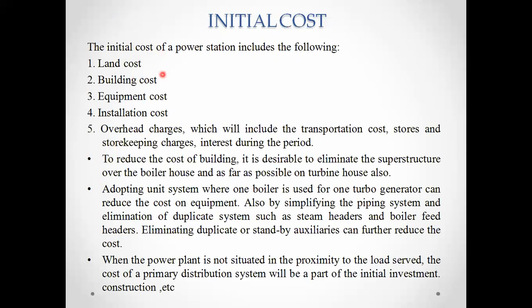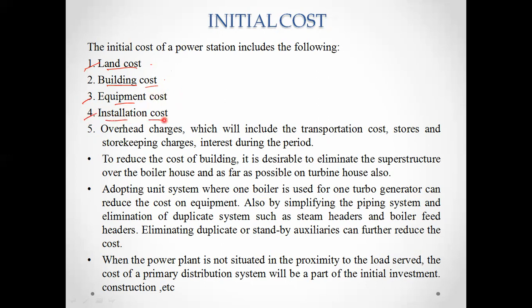So what is initial cost? Initial cost includes, as I said, the land cost, that is the purchase of the land. Then building cost, that is whatever the construction is. Then equipment cost: heavy machinery, boilers, turbines, all these things come under the equipment cost.